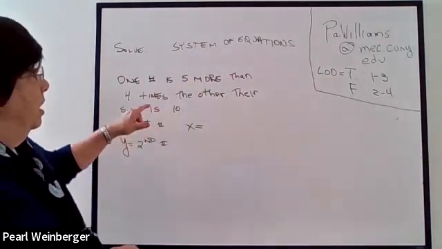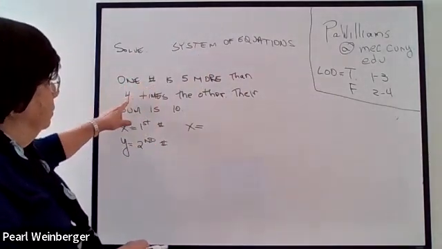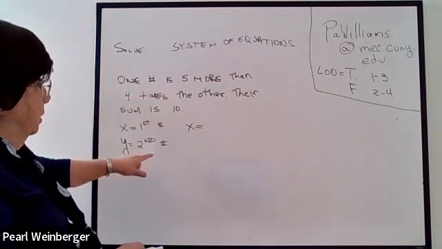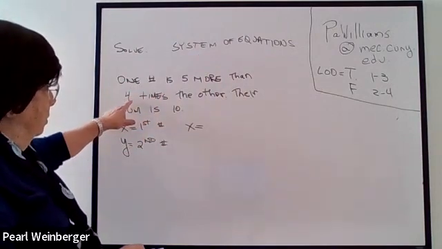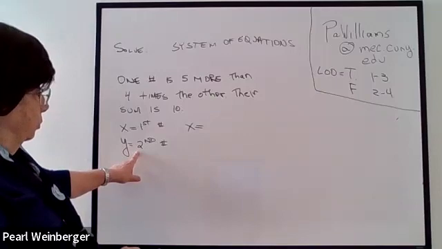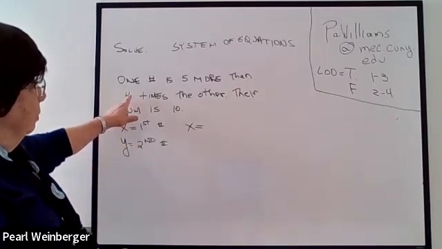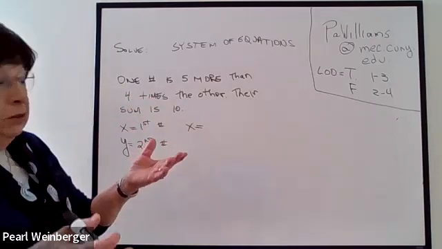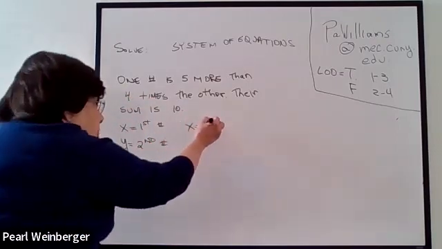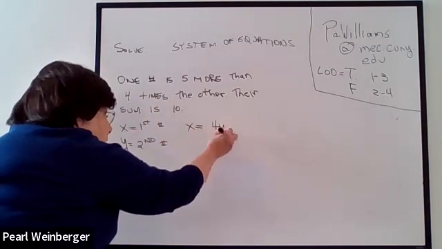So to say 5 more than 4 times the other, we have to take our other number, which is y, multiply it by 4, because it says 4 times means multiply. That's 4y.